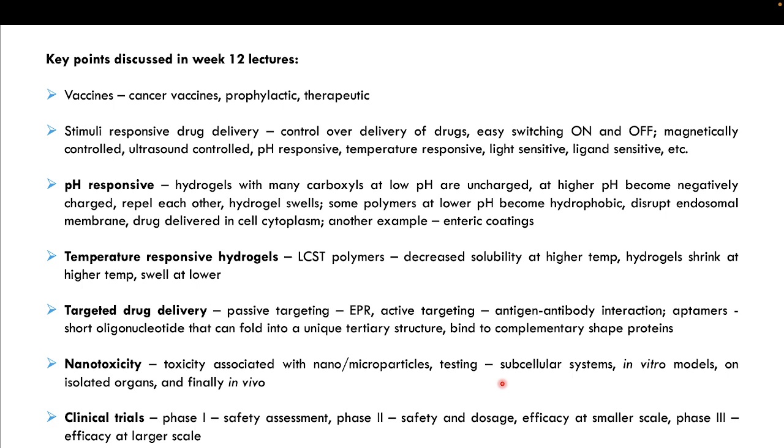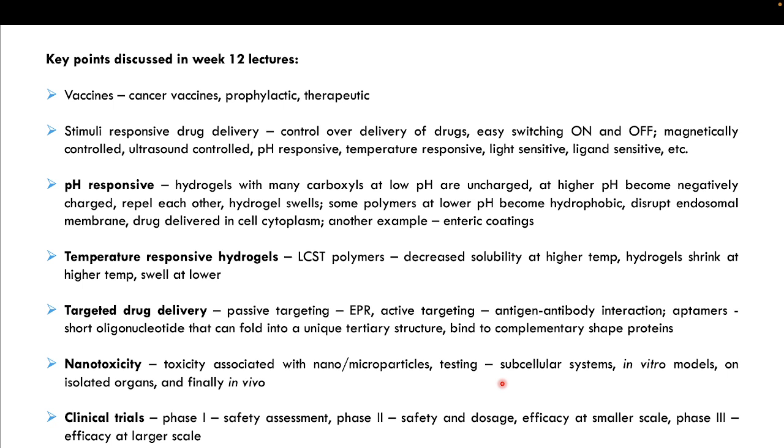So what happens in clinical trials? First you do your studies with mouse, then maybe you can take it to rabbits, then to bigger animals like sheep or horse, and after that you can take it to non-human primates, which are your monkeys. You can test your particles in monkeys and see that it has both efficacy as well as no toxicity, and then after that you have to go for the human trials.